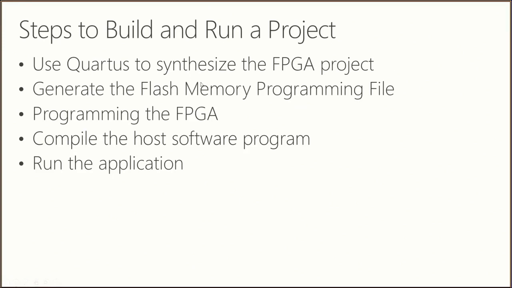And you should convert the SOF format to RPD format, which is accepted by our programming tool. Then you can program the FPGA with the RPD file with our programming tool. Then you are done with the hardware side. On the software side, you simply compile the host software program and run it.